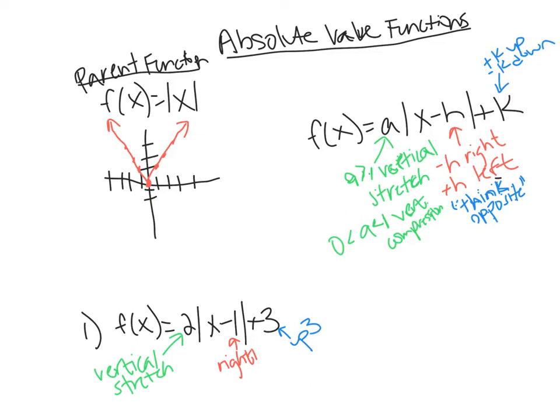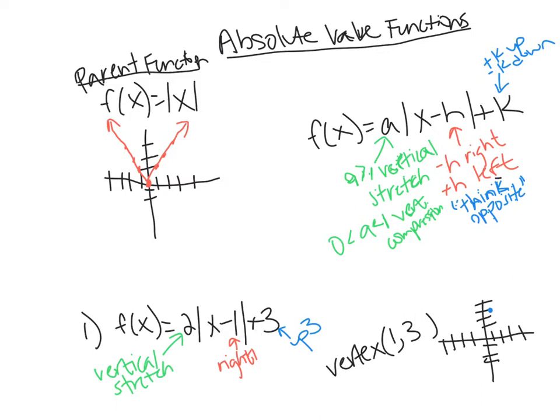Some key attributes of this absolute value: the vertex is opposite the inside. So if I'm moving minus 1, that's really right 1, so plus 1, and the number on the outside, so the vertex is (1, 3). We could sketch a quick graph, or you can use the Desmos online graphing calculator, by simply stating that the vertex is at (1, 3).